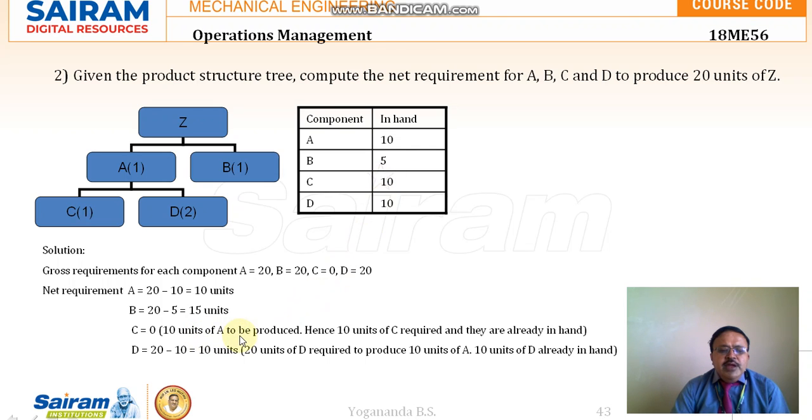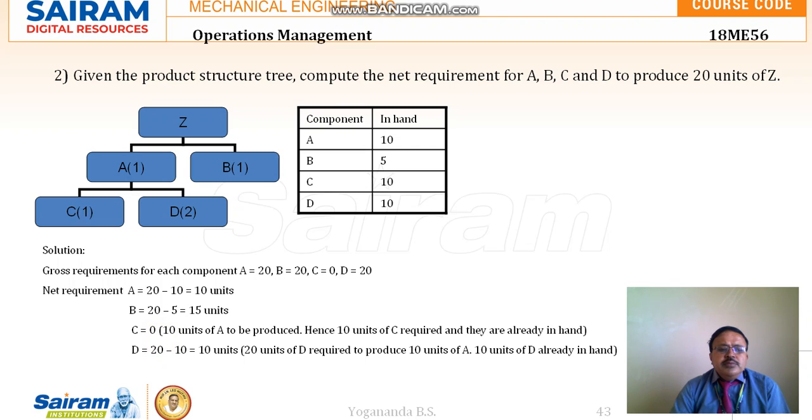So 10 units of A to be produced, hence 10 units of C required, because component C is not directly involved in manufacturing Z. It is involved in manufacturing of A. The total requirement of A is 20, but out of that already 10 are there, so net requirement is 10 units of A. If we manufacture 10 units of A, 10 units of C are required. Already in hand is C 10 units. So our requirement of C is now 0.